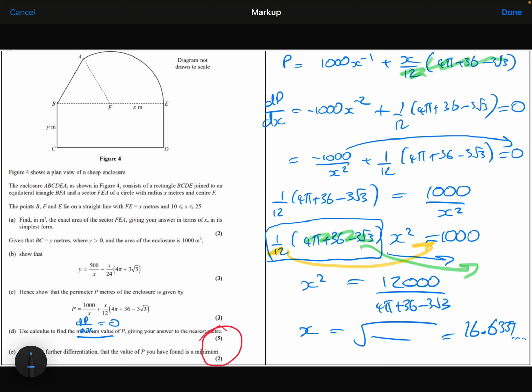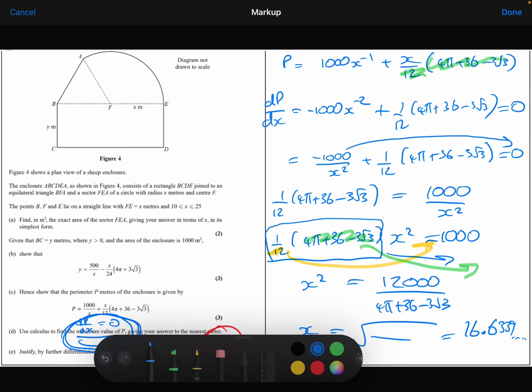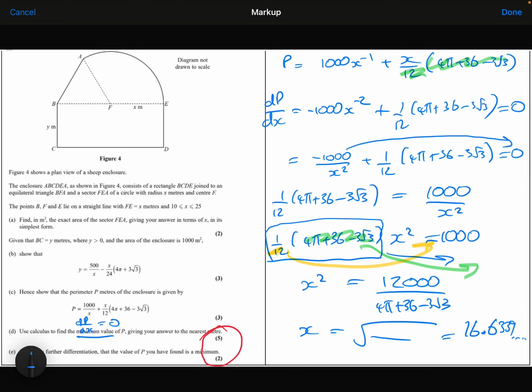So that is the value of x that makes the perimeter a minimum. It is not the minimum value of P. That's the value of x that makes a minimum. That's what the x here is going to be that will make the perimeter of this shape a minimum.